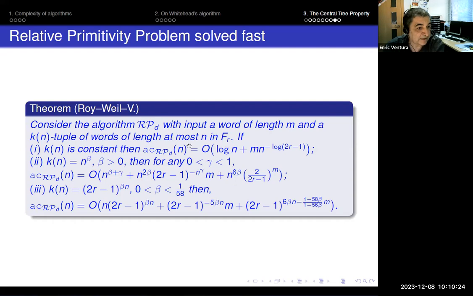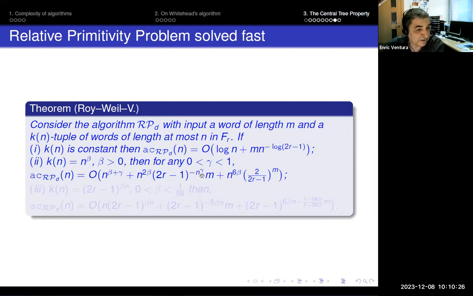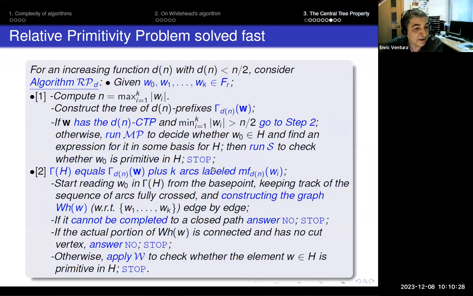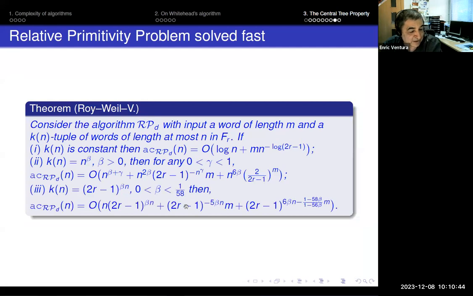Now the ambient rank is k, because this primitivity is with respect to the subgroup generated by W1 to WK, which is our subgroup H having rank k. So now the complexity is k to the 6, which makes a big difference. It's not a constant anymore.